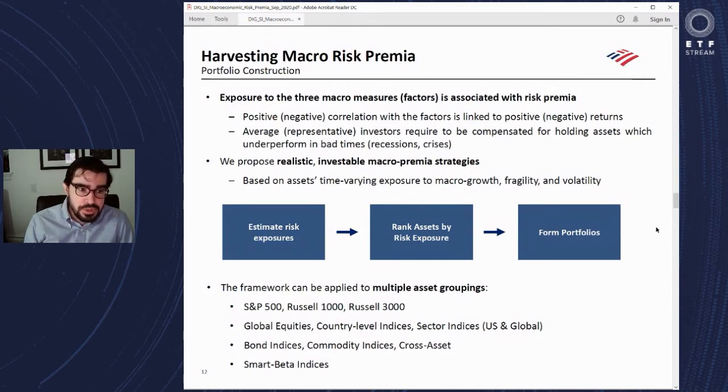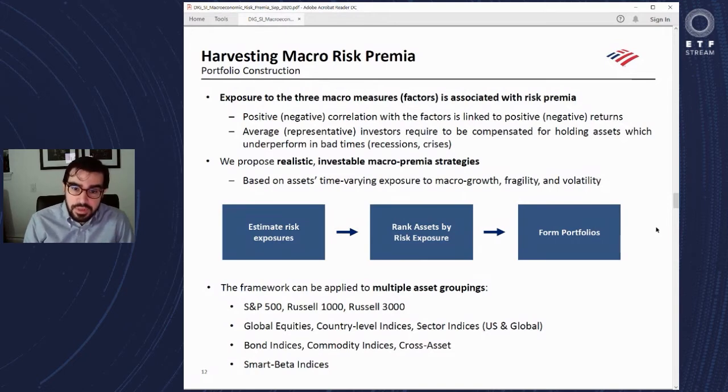So first, we start with a set of asset groupings. Those asset groupings can either be stocks that belong into an index, or it can be ETFs or other indices based on global equities, country level indices, or even sector indices. And finally, we also have versions that are looking at within specific asset classes and also across asset classes.